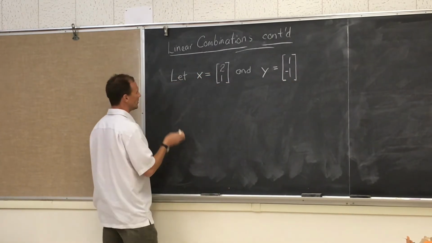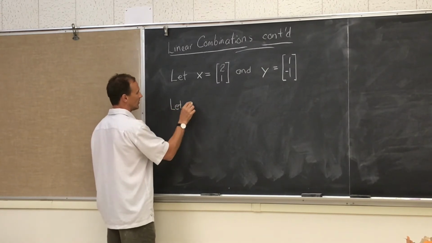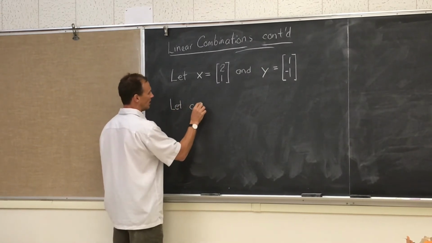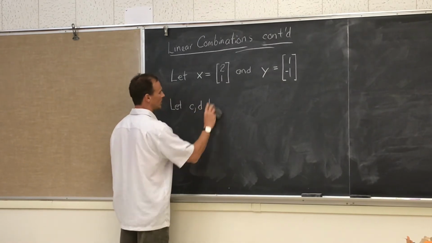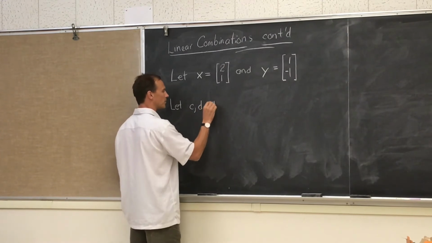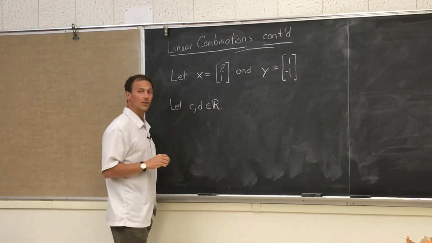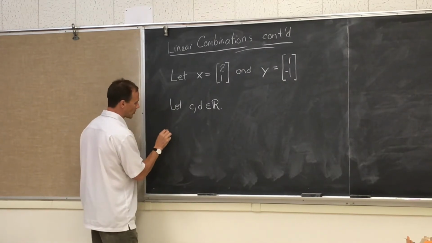And a few more things. We're going to say let C and D, we'll write it this way, be in the real numbers, meaning that they're scalars. So in this last bit, this is our third piece.